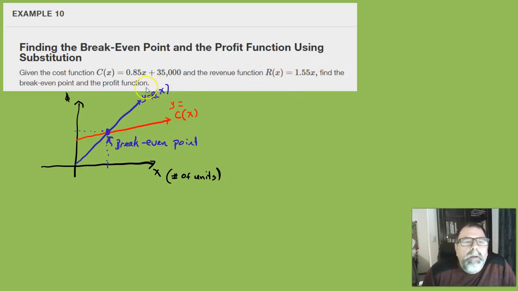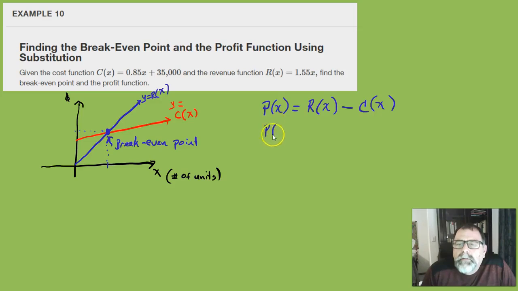Okay, so find the break-even point and the profit function. So the profit is equal to revenue minus costs. So our profit function will be 1.55x minus 0.85x plus 35,000.